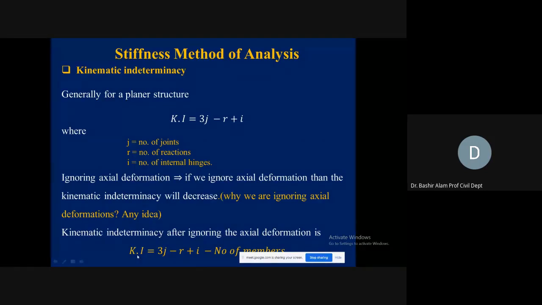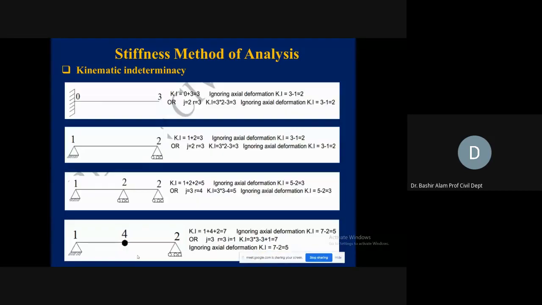Why are we reducing it? Because its effect is negligible, and if you ignore it, you end up with less kinematic indeterminacy, fewer simultaneous equations needed, less solution difficulty, and quickly you can solve the problems with less effort.